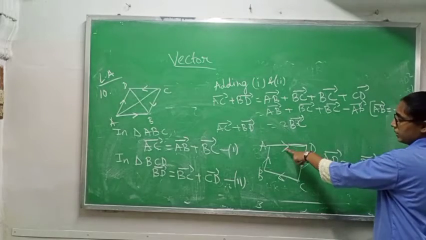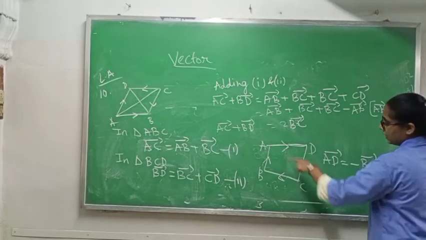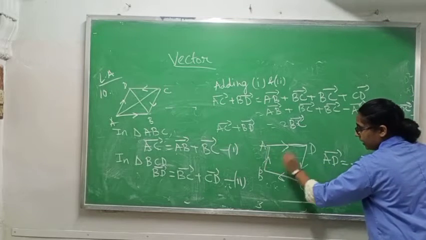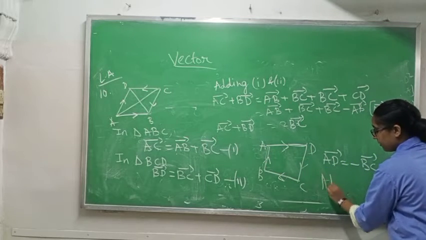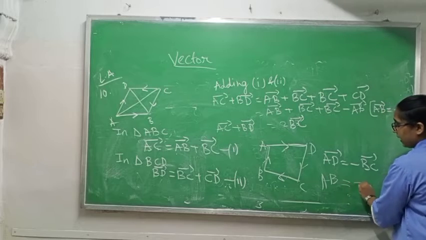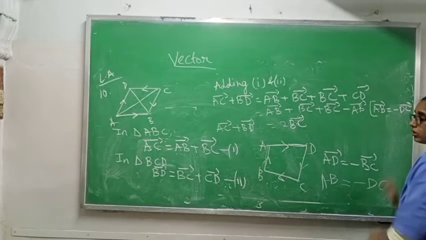It means that also AB is equal to minus BC. Okay, why am I telling you?